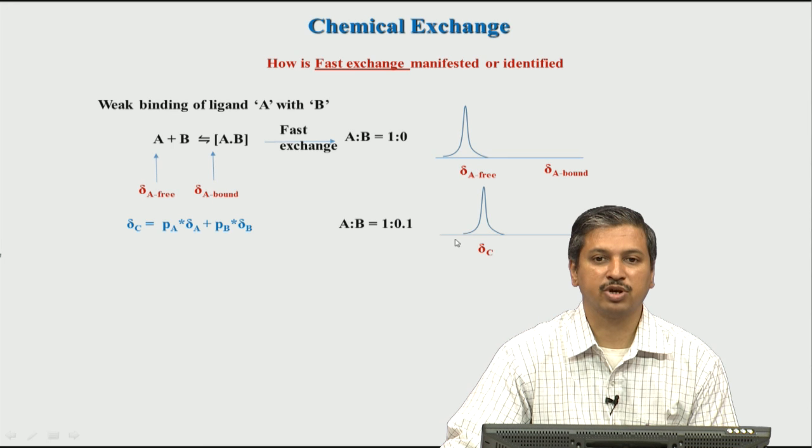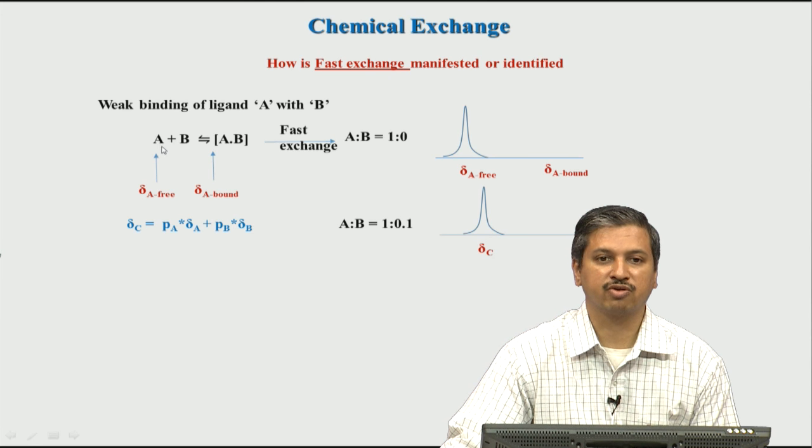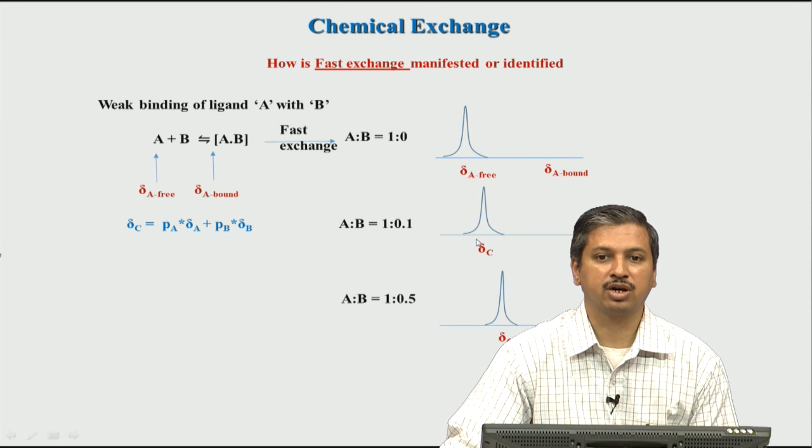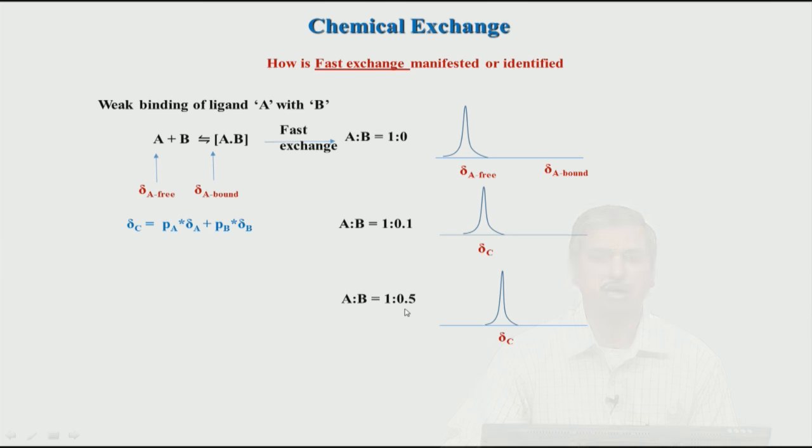Now, we can see that peak has shifted. Why has it shifted? Because it is based on this formula here. There is a fast exchange between these two, and because of the fast exchange we get a peak at the average chemical shift, and that is what is shown here. Now, suppose I add a little bit more of the B, what has happened?